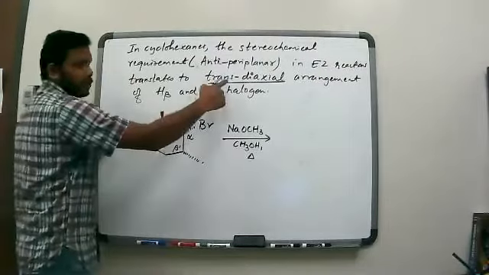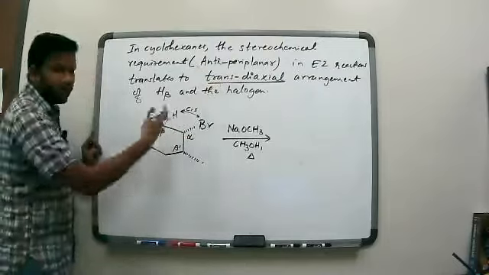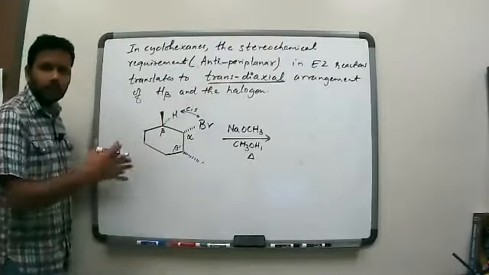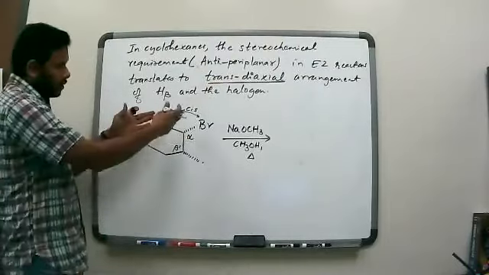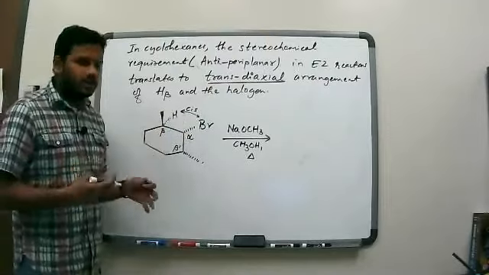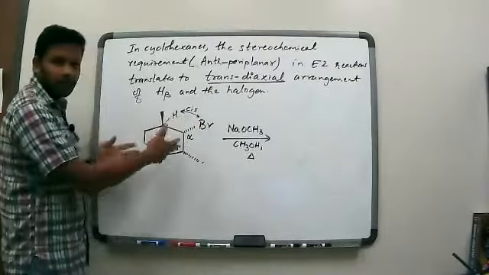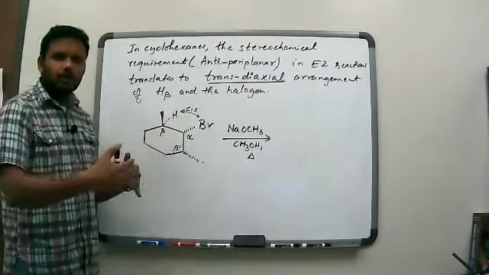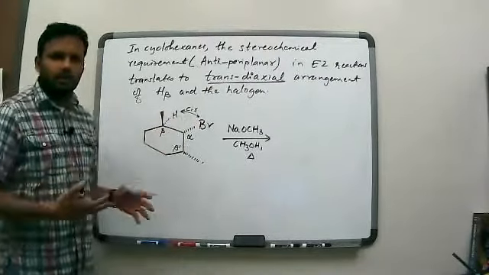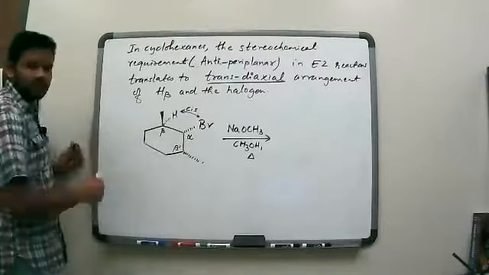That means we cannot get it trans because they're always going to be cis. You can draw chairs and everything, but you cannot change the stereochemical relationship. If two groups are cis, then they're going to remain cis, whether you draw it like this in 2D or you draw a chair which is more like three-dimensional. Okay, so that's never going to happen.